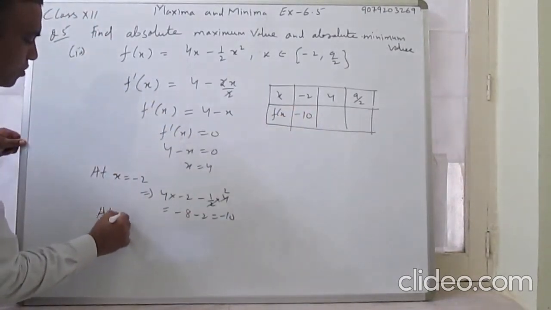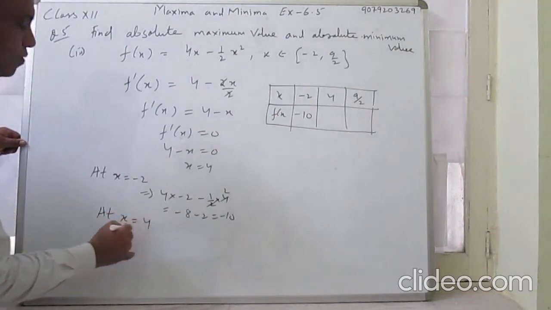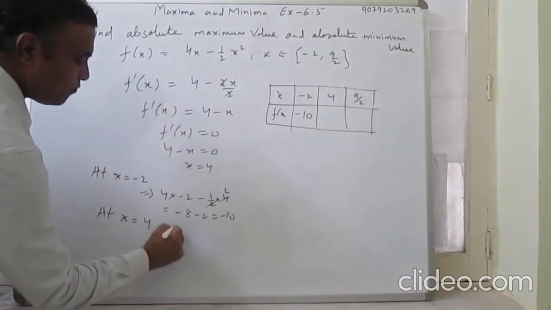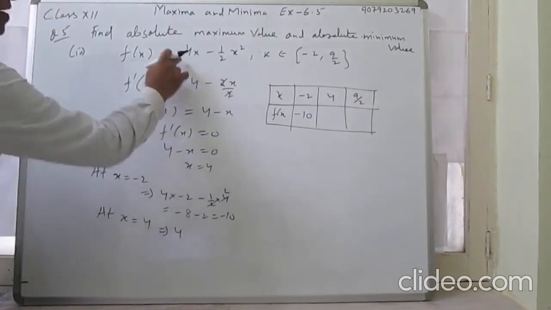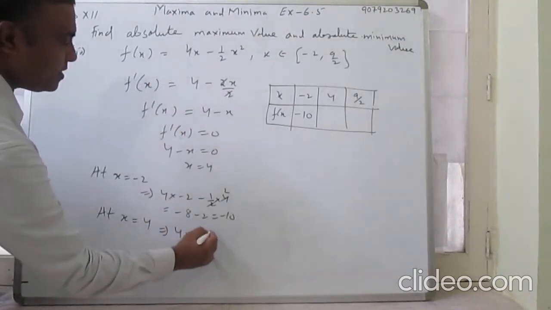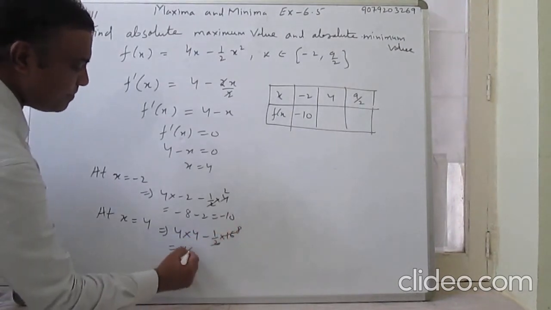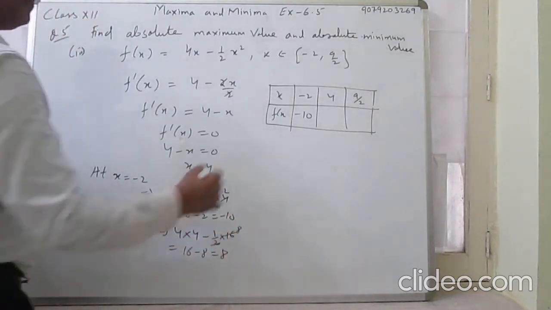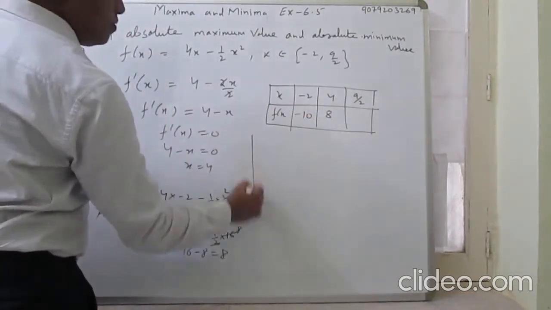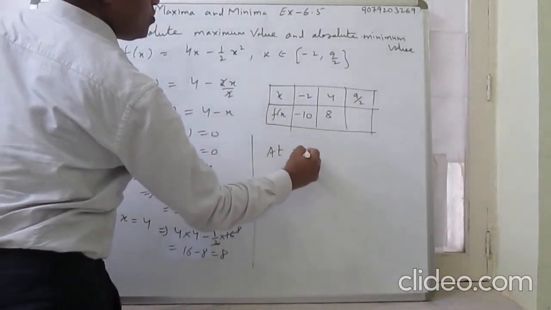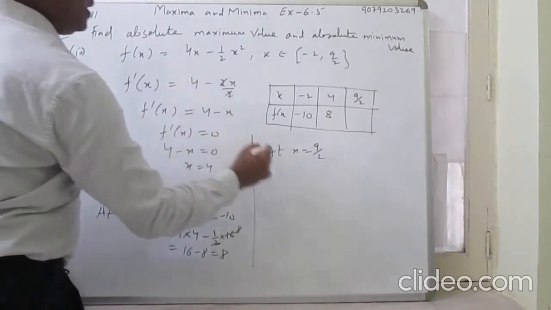At x is equal to 4, 4 into 4 minus 1 by 2 into 16, this will cut, 16 minus 8 is equal to 8. Here it is 8.